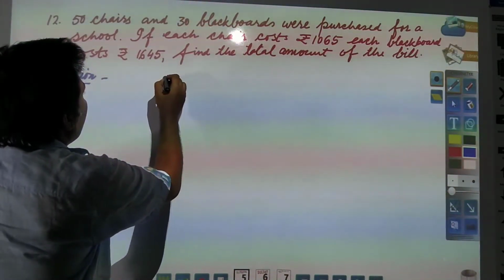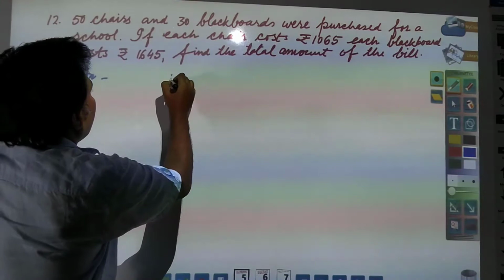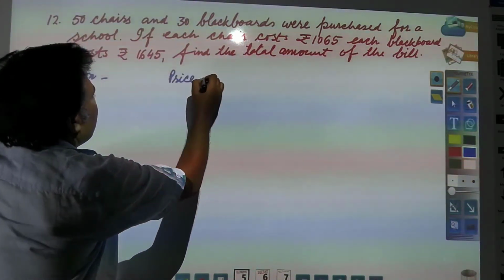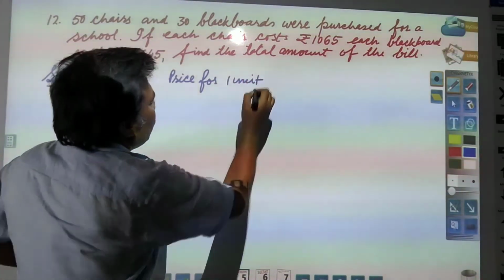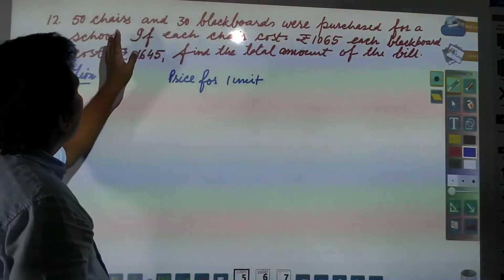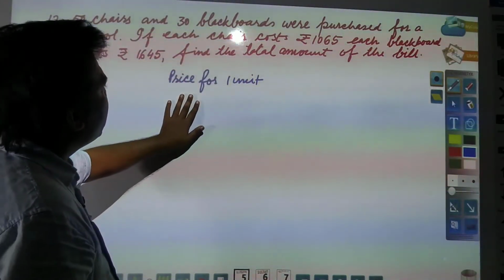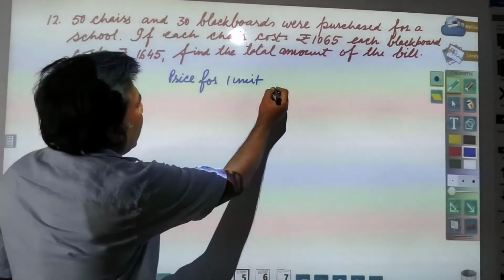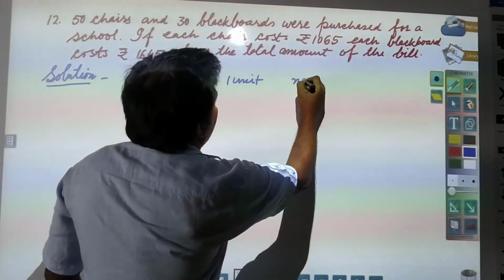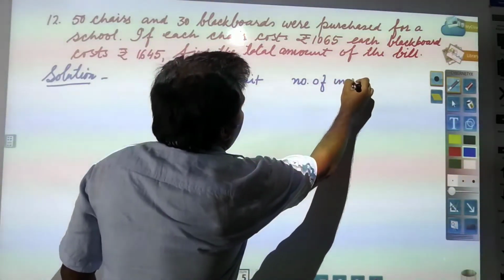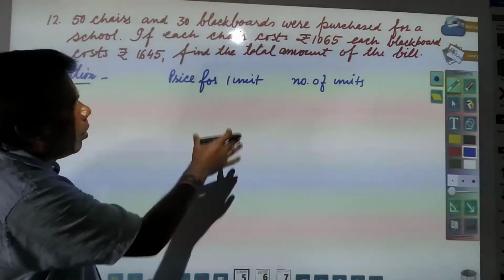So here we can write down the price for 1 unit, means 1 chair or 1 blackboard, how much that cost. And here we can write the number of units. In this way we can form the bill.